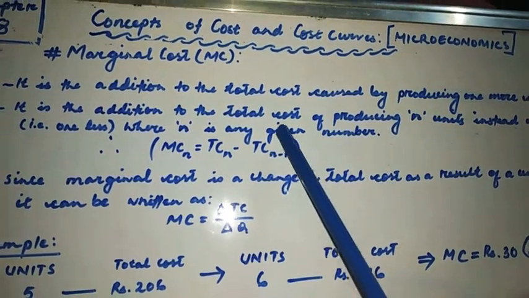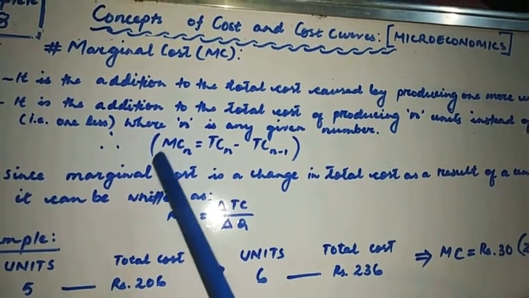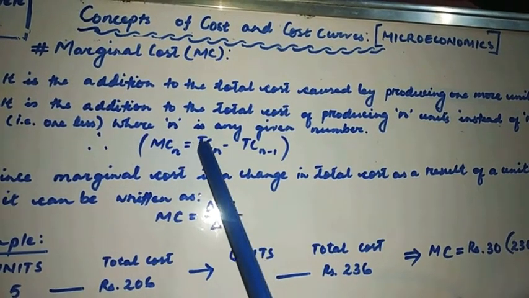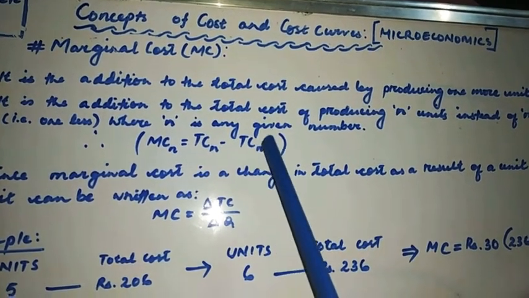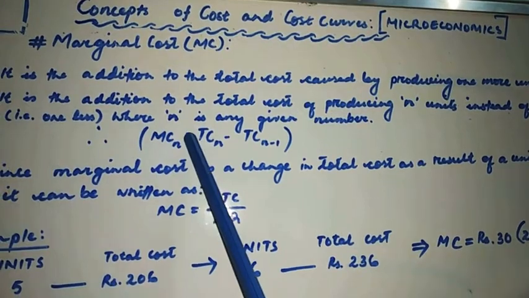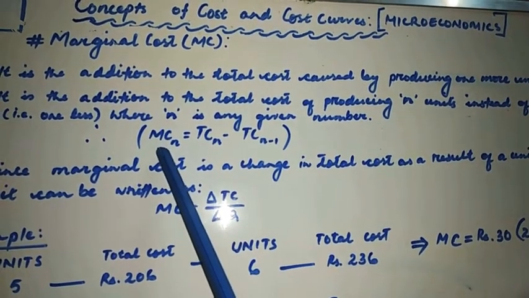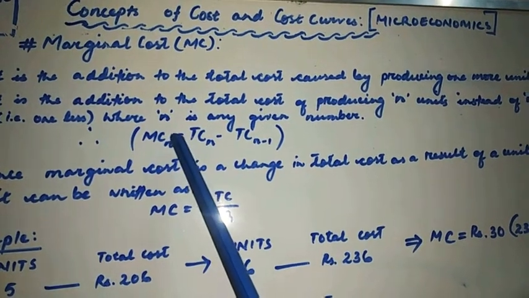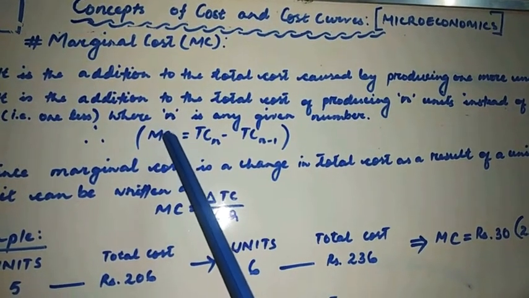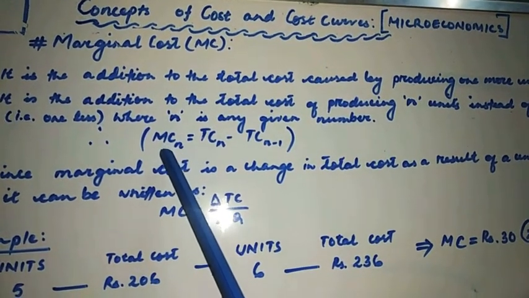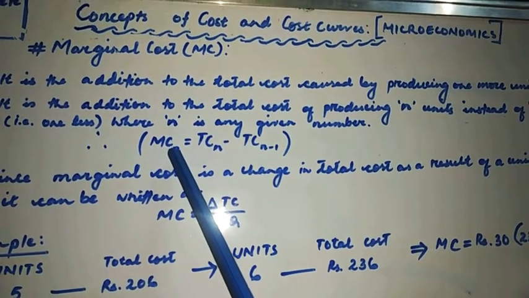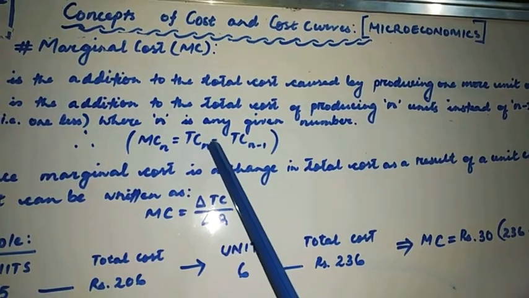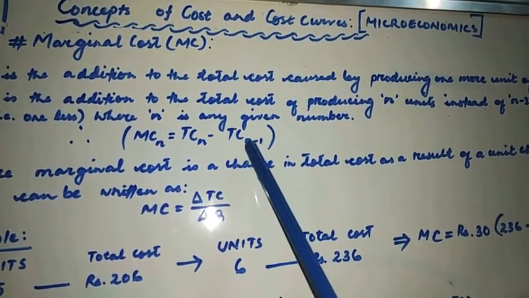So n can take any number here. So we can write that marginal cost equals total cost n minus total cost n minus 1. So n here represents any given number, it can take any unit. So marginal cost of the n-th unit equals total cost of n units minus total cost of n minus 1 units.